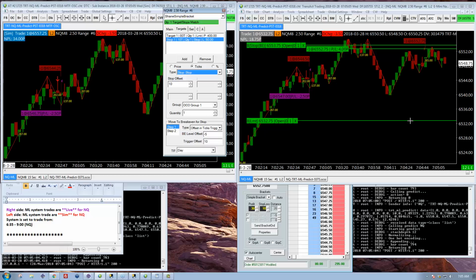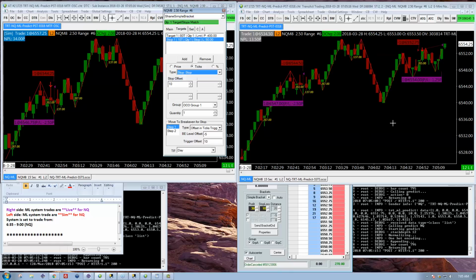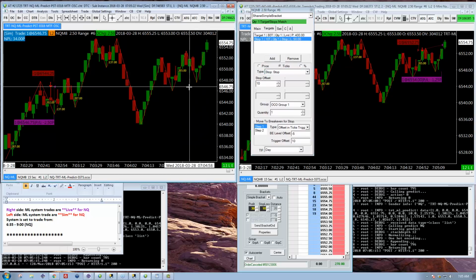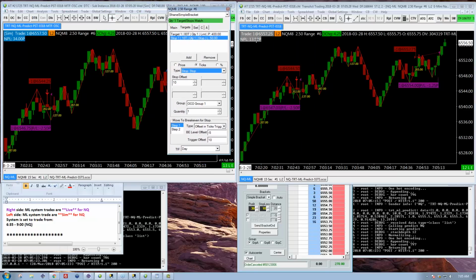And now it moved 10 ticks and it moved the stop to -5, which is what I want. Looks like it's going to take a 5 tick loss down here, yeah. In this case. And then on the left side, okay, the left side filtered that trade out. We didn't take that trade here. All right, big difference here, 1350 versus 34.